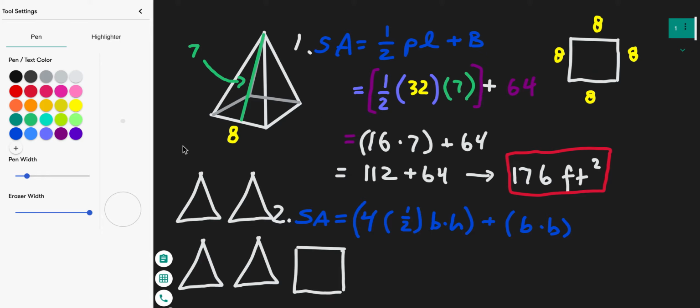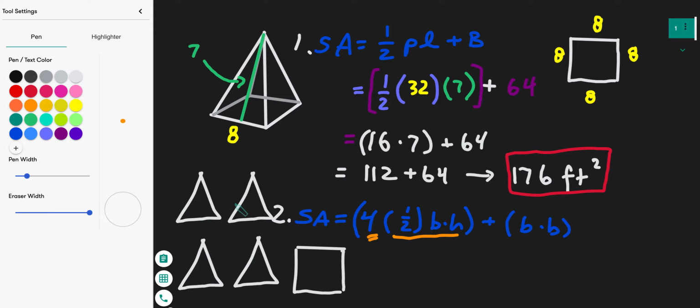So basically, what we want to do in this method is take the area of each of these shapes and then add them up. So what is the area of a triangle? It is 1/2 base times height, right? And I have 4 of these, so that's why I'm multiplying by 4, okay?